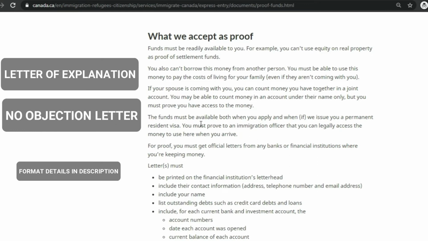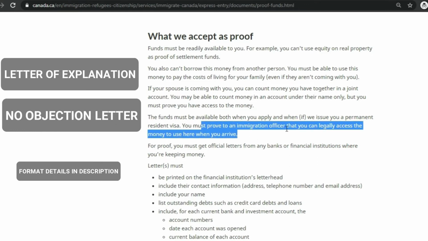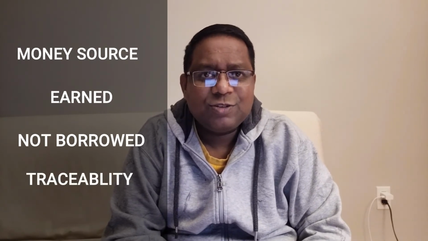And the spouse gives a no objection certificate saying that this money can be used at will when settling in Canada. It's only an acknowledgement that this money can be used, and it can be done on plain paper. One need not go through a notary or any other documentation. As long as you have the source of this income, that it is earned income and not borrowed, and you have all the transaction records, it's good to go.